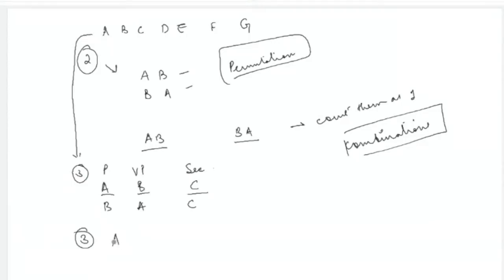So basically any combination of 3 individuals will be treated as same. So you can have A, B, C, BAC or CAB or CBA, etc. You can have many orders where you are selecting the same people.